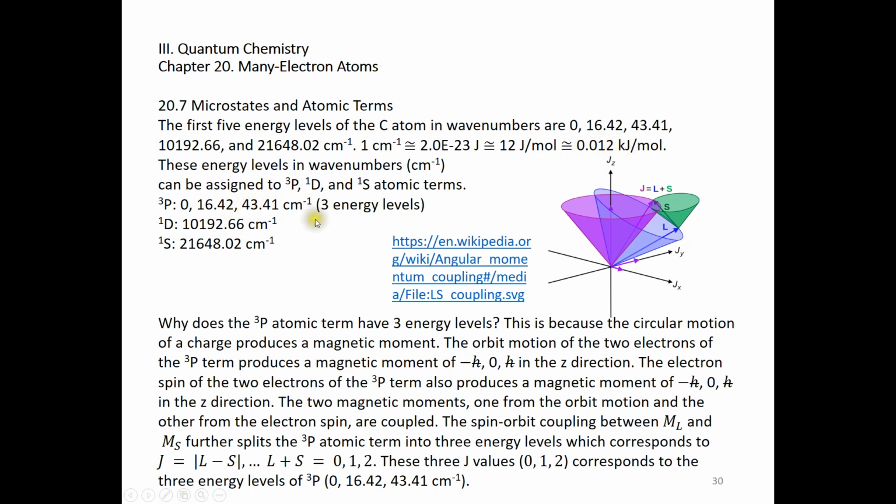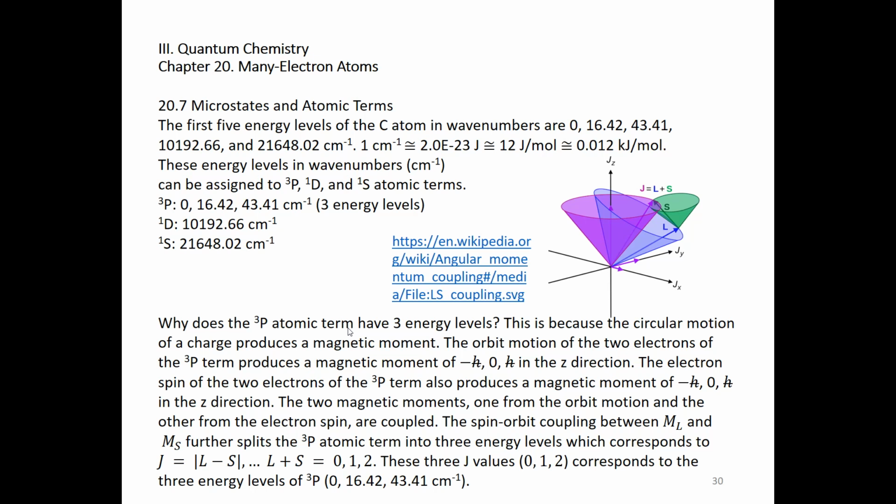Really small energy spacing. Well, it's just because within this 3P atomic term, you have angular momentum and electron spin. Angular momentum is the group of electrons rotating about the nucleus, and the spin is the rotation of the electrons about their own axes.